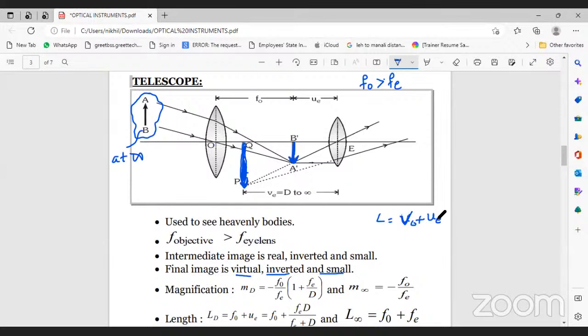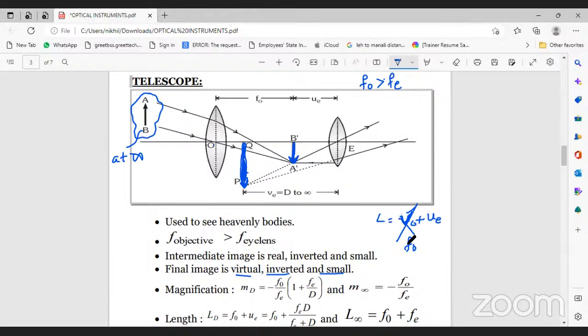The object is placed at infinity. When the object is placed at infinity, where will the image be formed? At the principal focus. So the image distance of the objective lens should be equal to the focal length of the objective lens, because the object is placed at infinity and the image is formed at the principal focus.